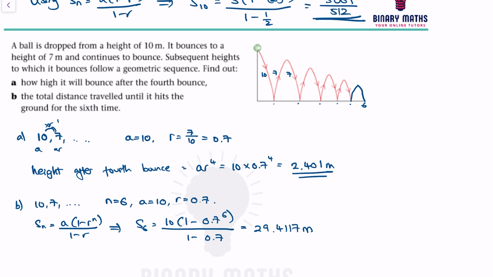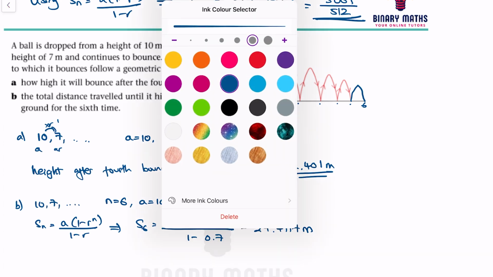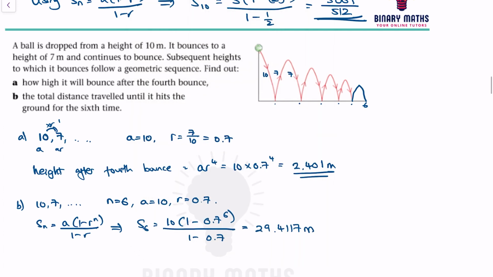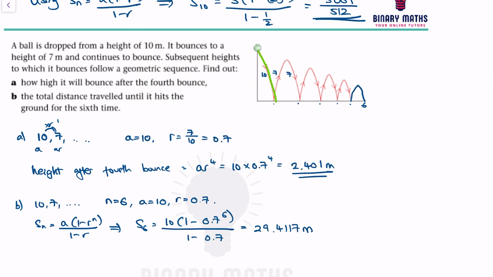Which gives me 29.4117 meters. But that is counting each bounce once. If I use a different color, let's use green. So it's counted all the bounces once. So what I need to do is double it.